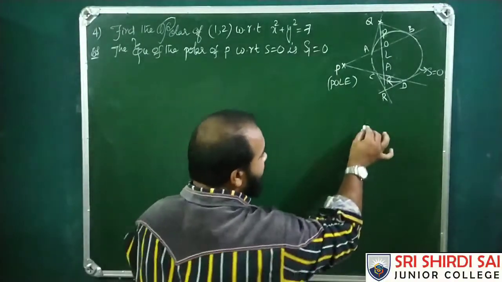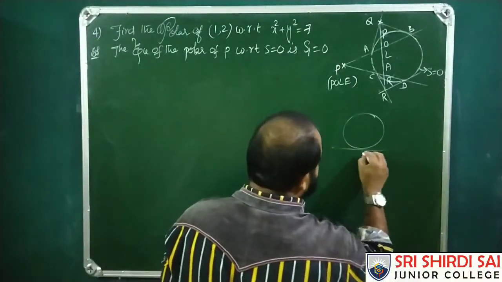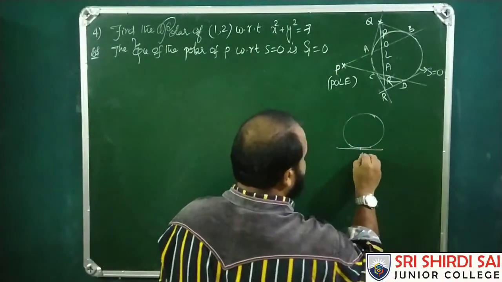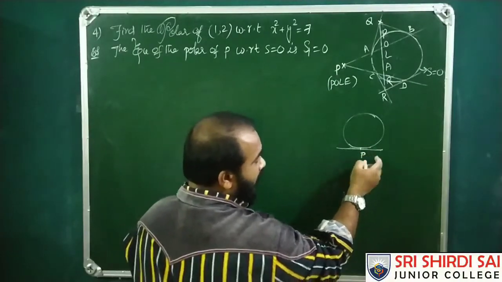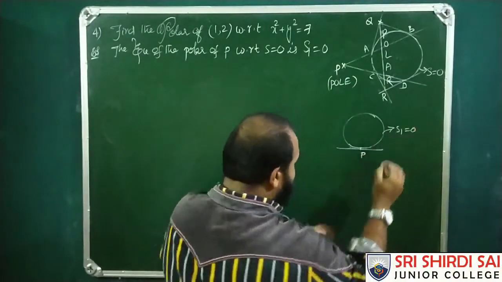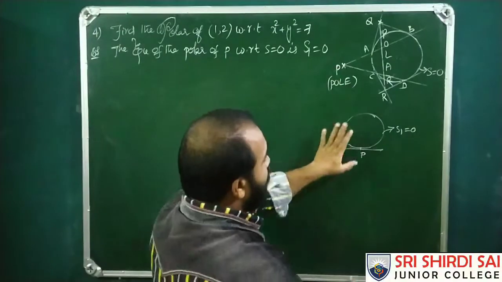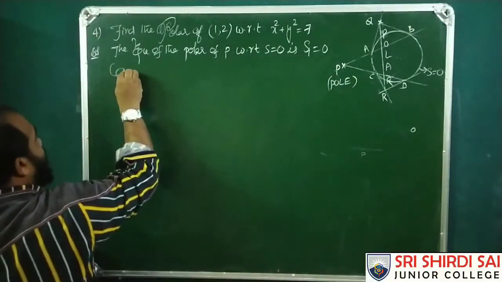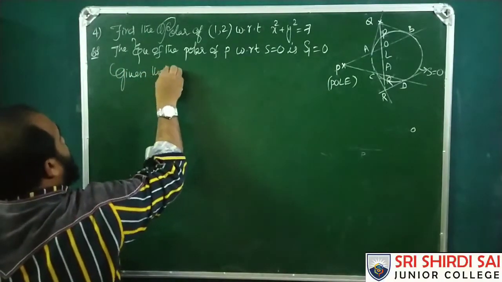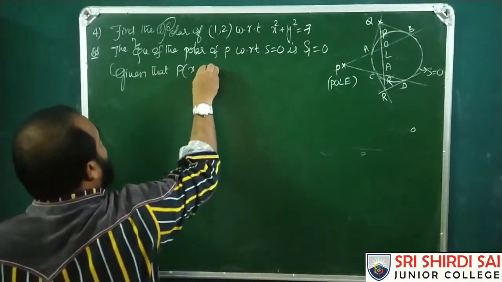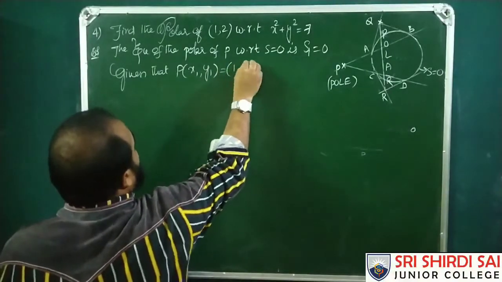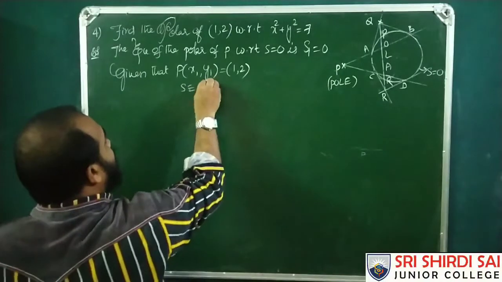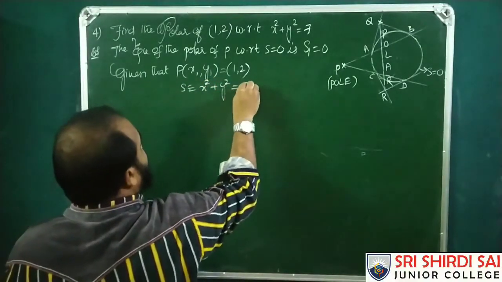As far as the tangent is concerned, for example, the point is this, P x1 y1, so S1 equals 0. But this time point P is here. Given P x1, y1 is 1, 2 and S is x square plus y square equals 7.